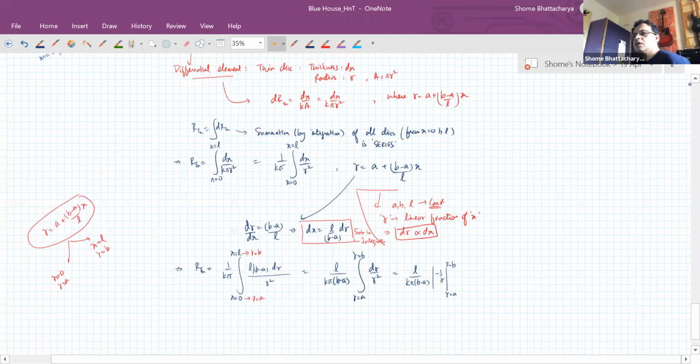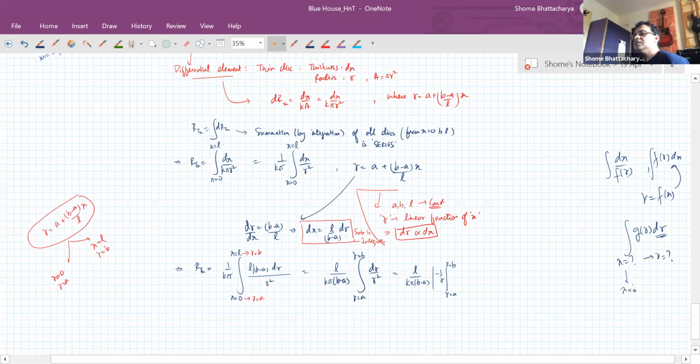Samarth, you have understood how the limits can be changed. Now, if we are integrating something with respect to x, some function of r into dx, where r itself is a function of x, and we change to a new variable r, then we change the limits from limits of x to limits of r.